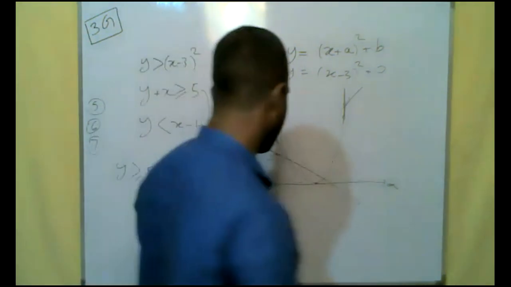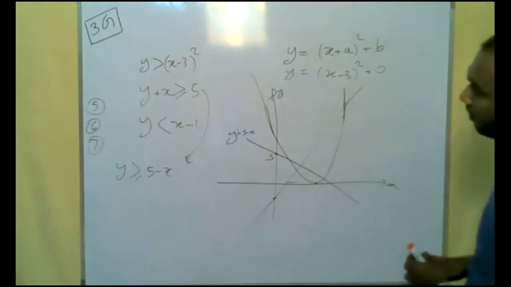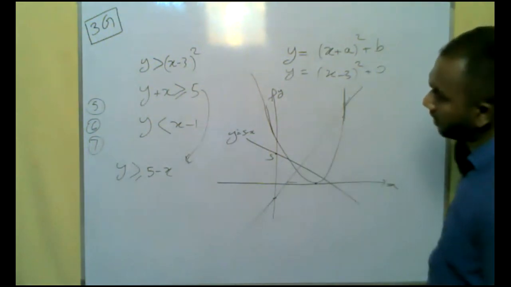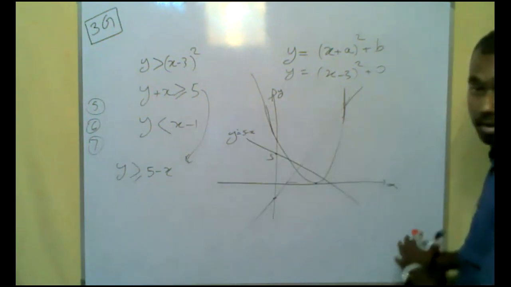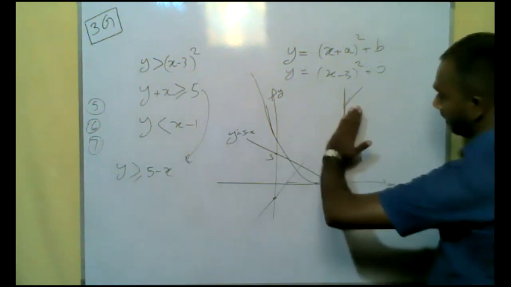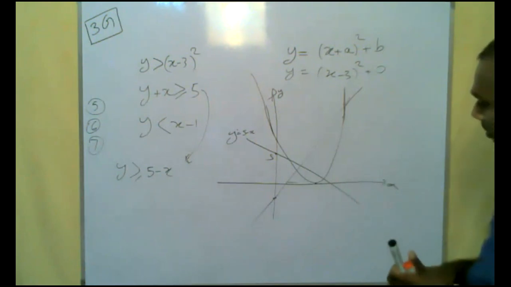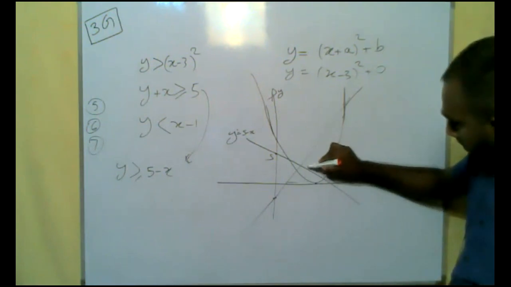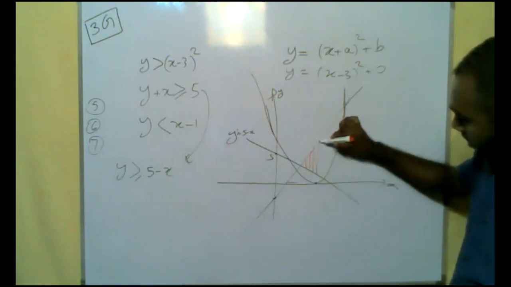It is on this side again. What else? Y should be less than this. That means from this side of the line again. So to satisfy all these three, this will be the region that we have to select.